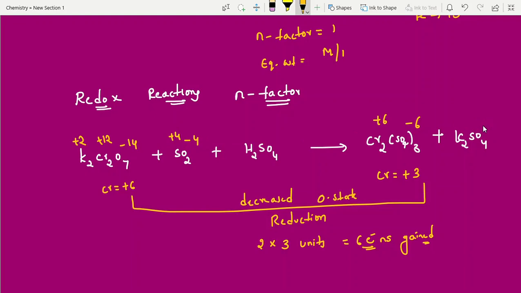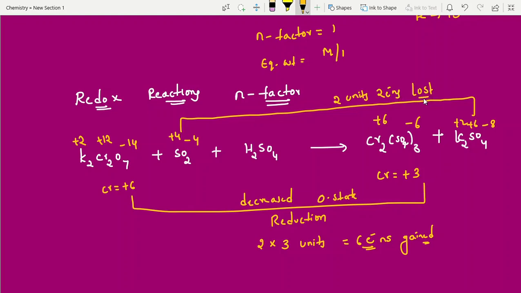Here -8, +6, +2. Now calculate. +4 to +6, how many units, students? 2 units changed, right? 2 electrons lost. This is the reducing agent; reducing agent means ready to oxidize. Okay, that's all. Alone, it's not possible.